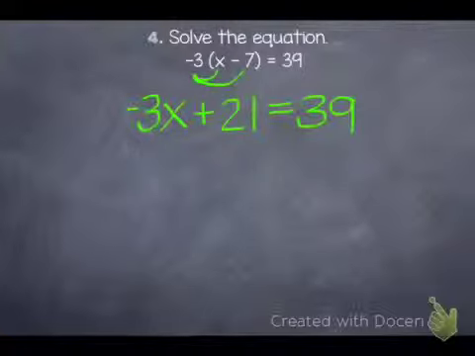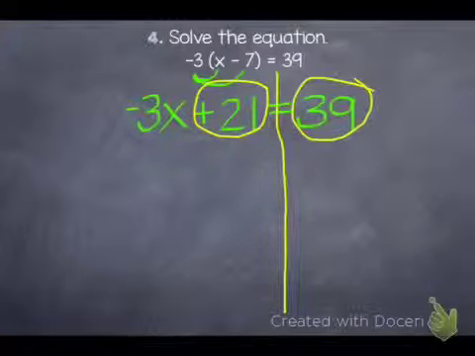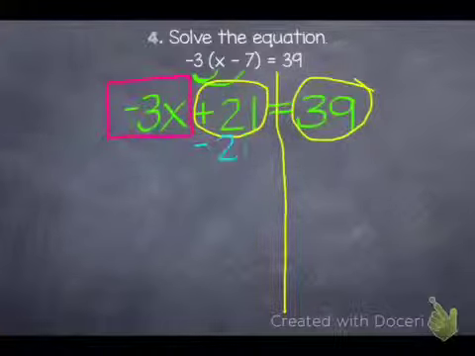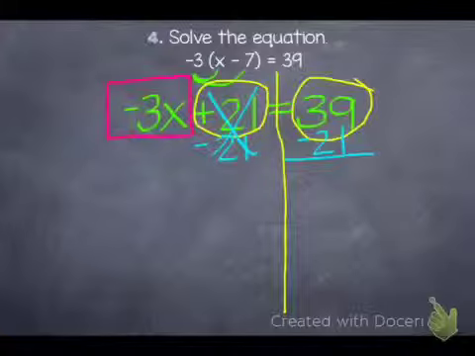At this point, we want a shape code. So here's a positive 21. Over here I have a 39, and then this one is my variable term. So I have 21 that I need to move over to the other side to get with the other yellow circle. So I'm going to do the opposite of plus 21, which is to subtract 21. So 39 minus 21 is 18.